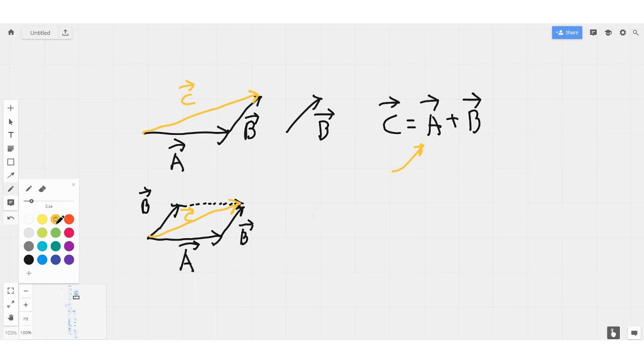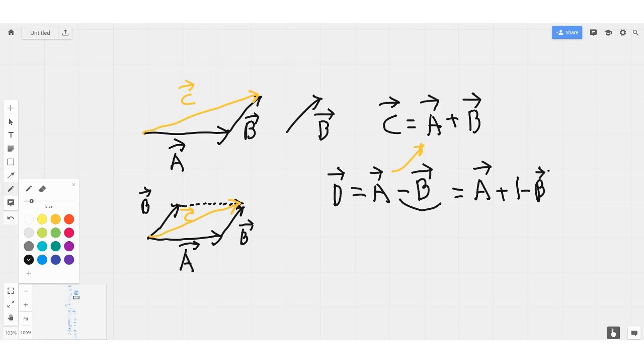Let's say that now, instead of doing A plus B, you want to find a vector D, which is equal to A minus B. So, if you remember, minus B is the same as saying A plus, say, minus B. So first, you multiply B by minus 1, which means, let's draw them here again.